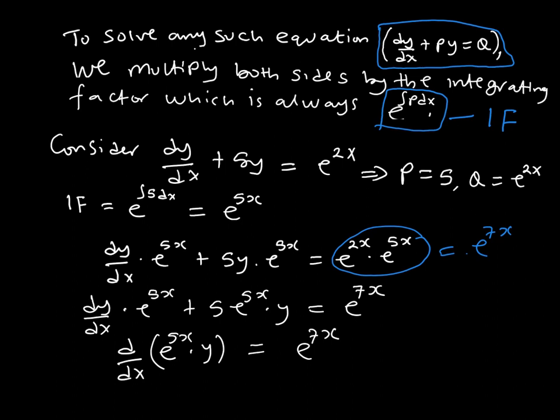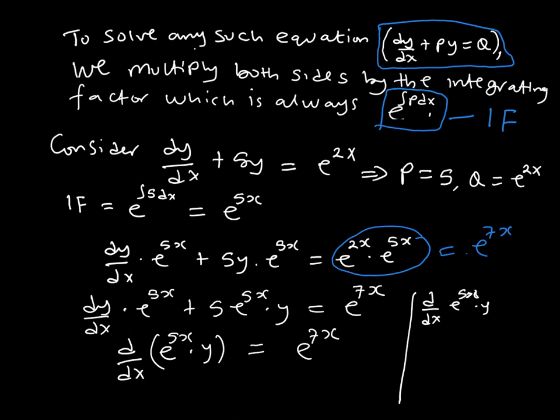If you have done differentiation well, and remember your product rule, you keep one factor constant and differentiate the other. Let me consider d by dx of e to the 5x times y.